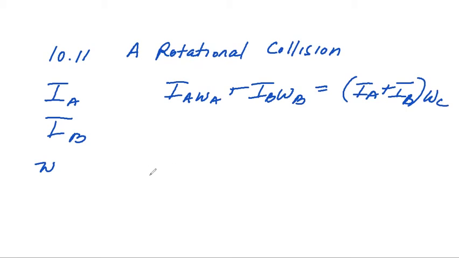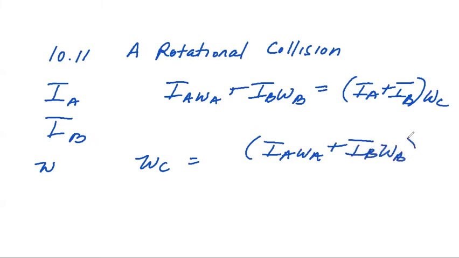That's basically the whole problem. Omega combined equals (I_A omega_A plus I_B omega_B) over (I_A plus I_B), where I is the moment of inertia. And that's that.